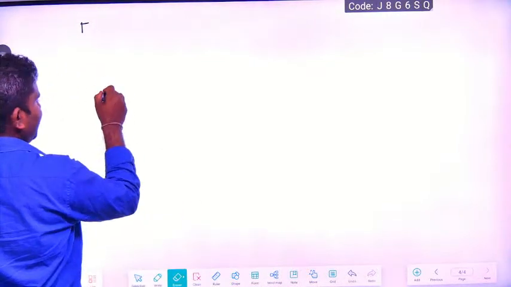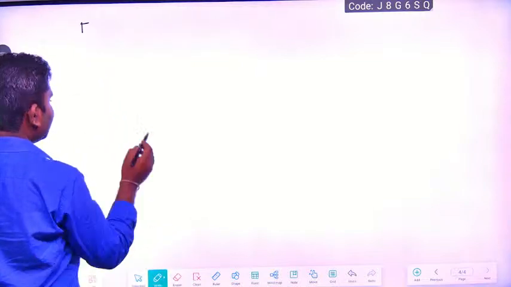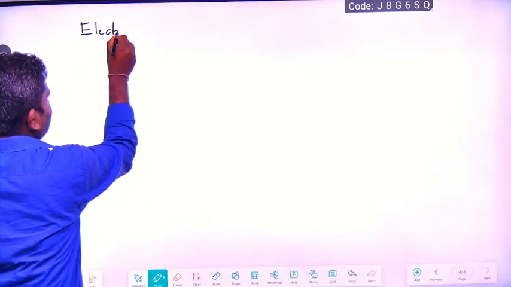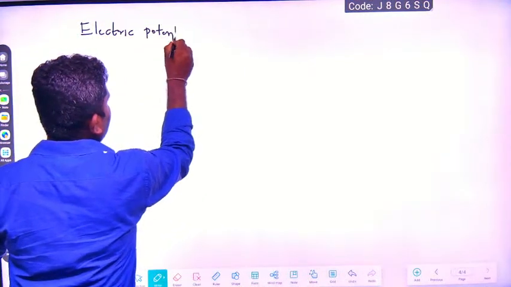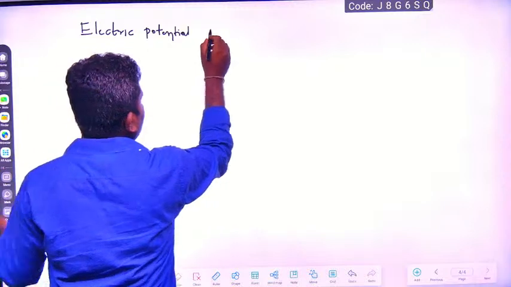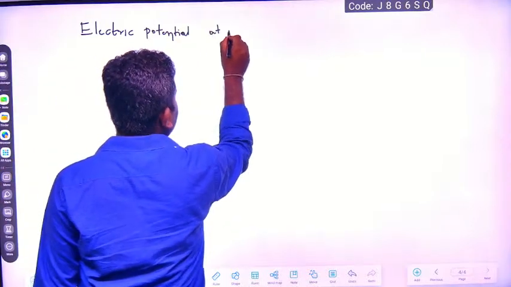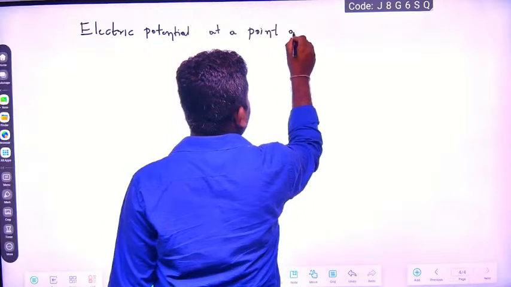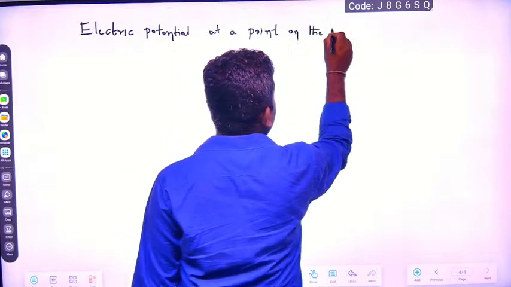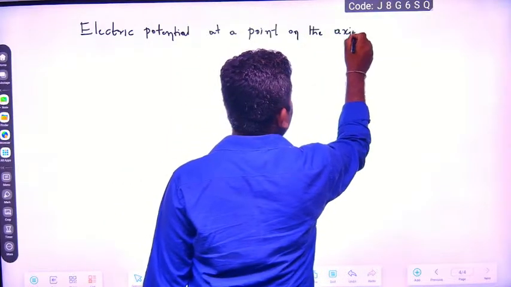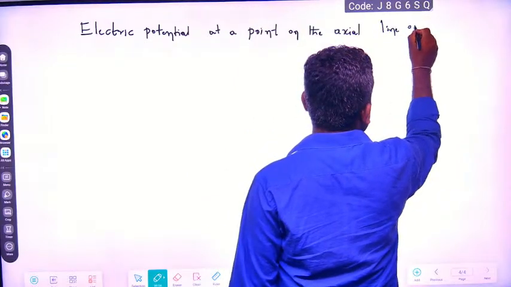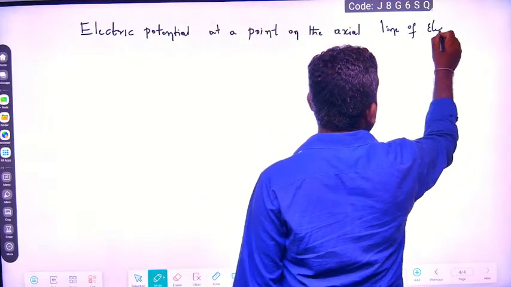Venu, do you understand here? You are thinking something? Electric potential at a point on the axial line of an electric dipole.